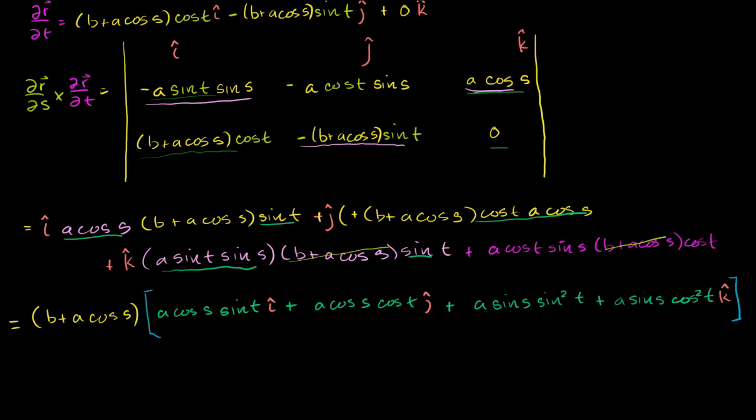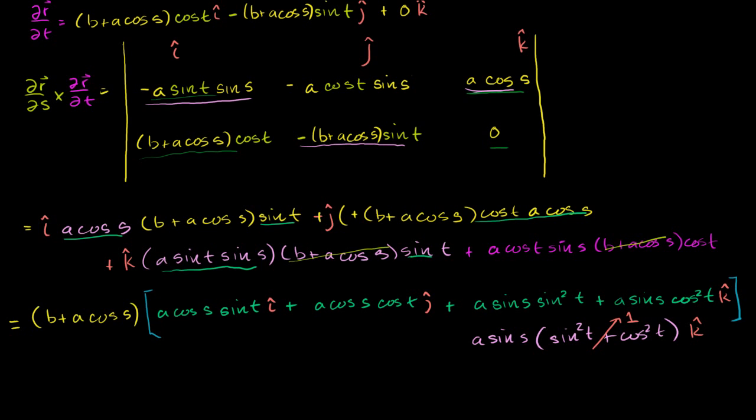This term can be rewritten as a sine of s, if we factor that out, times sine squared of t plus cosine squared of t, times our unit vector k. I just factored out an a sine of s from both terms. And this is our most fundamental trig identity from the unit circle. This is equal to 1. So this last term simplifies to a sine of s times k.